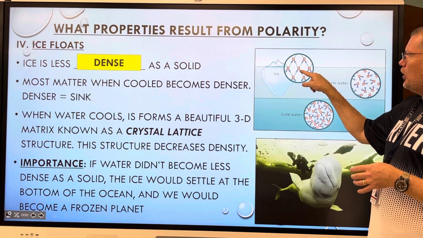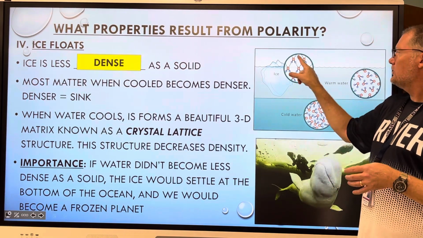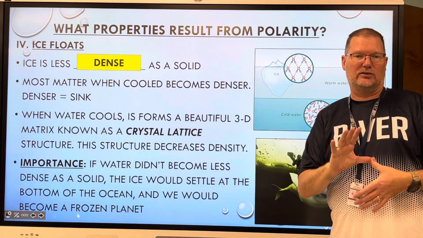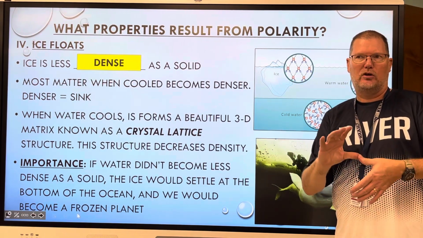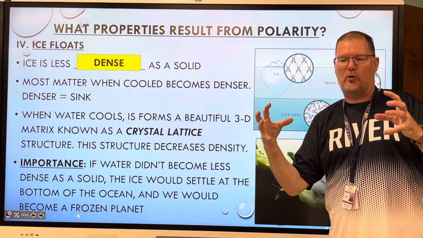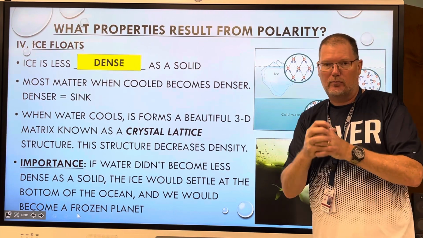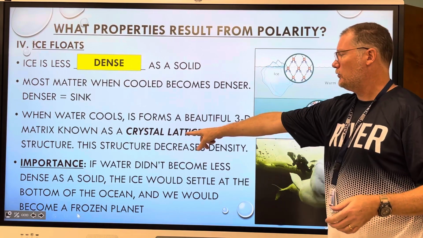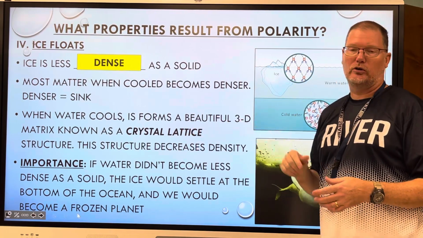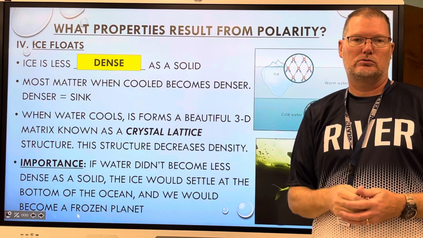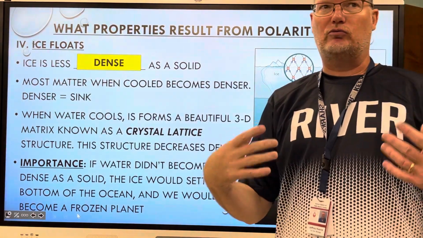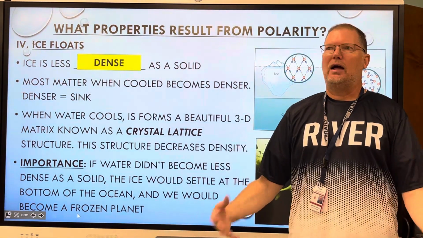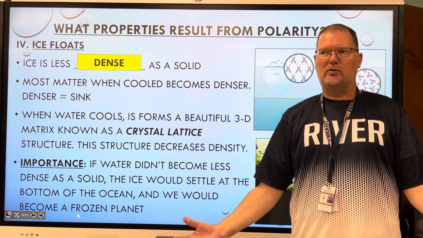It pushes them apart in this crystal lattice, and that makes it less dense. Density means the particles are closer together; less dense, the particles are farther apart. So if the particles are farther apart in that 3D matrix called a crystal lattice, then they're going to float. Yes, there is a scientific reason behind it, but still, how did that become a thing to make life possible on this planet?